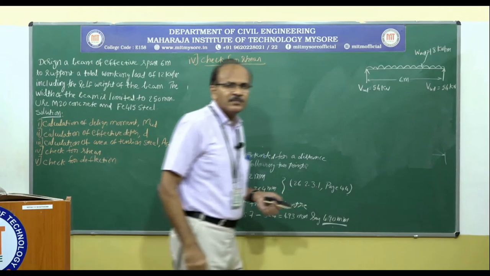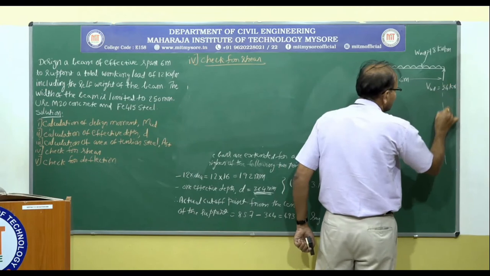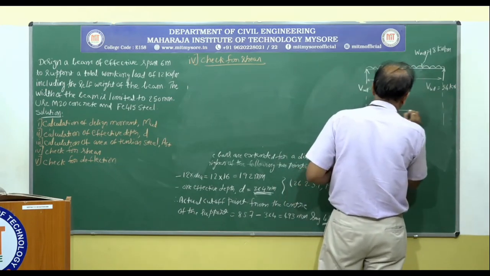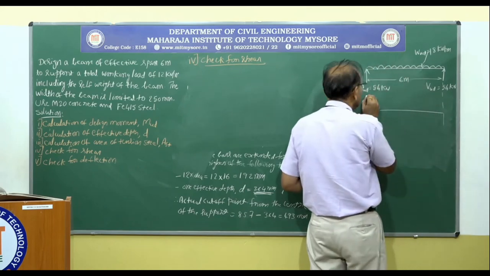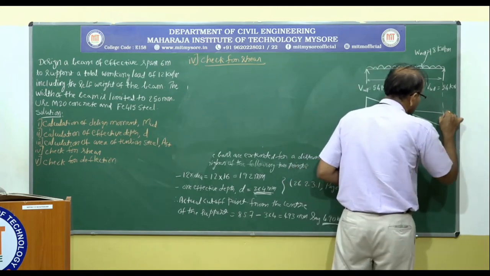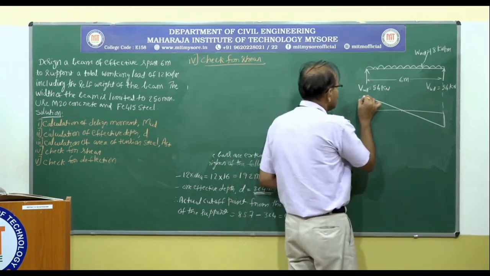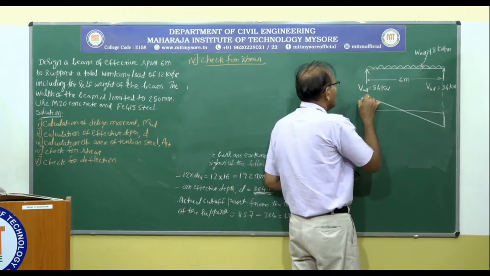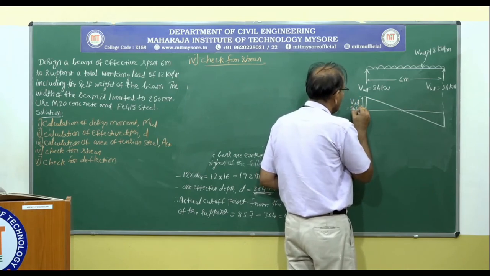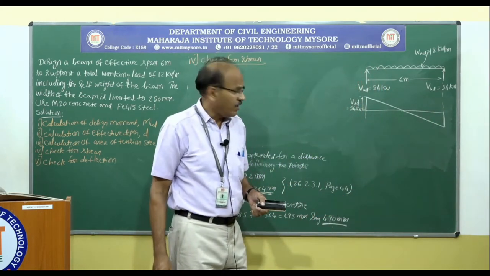Okay, this is WUD. So if I draw the shear force diagram, so the shear force diagram will be like this. So this is VUD, that is equal to 54 kilonewton. Similarly, here it is 54 kilonewton. Okay.